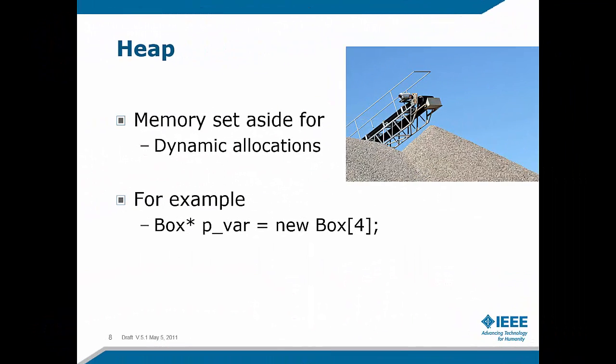A heap is memory set aside for dynamic allocations when you're writing your code. For example, when you write a piece of code like Box *p_bar = new Box[4]; what this means is simply create 4 spaces in your memory for this class called Box, and these dynamically allocated memory spaces will be placed in a location of your memory called heap.